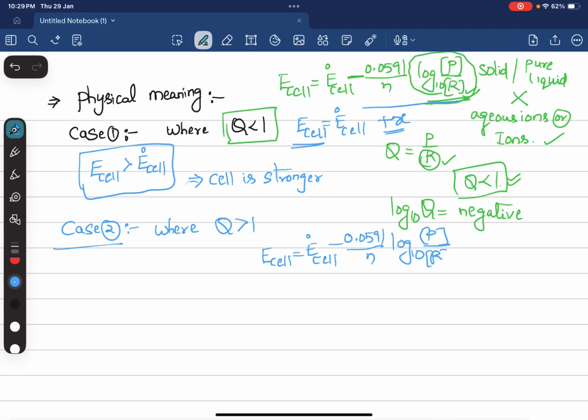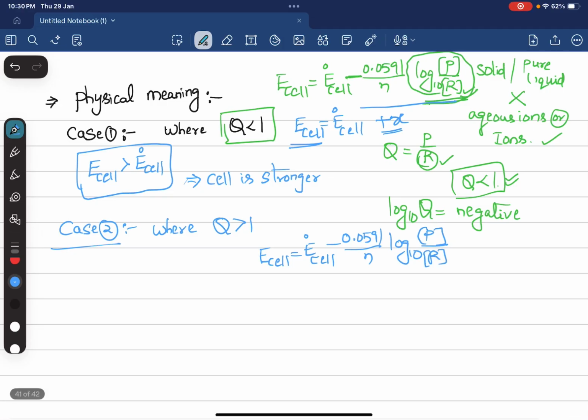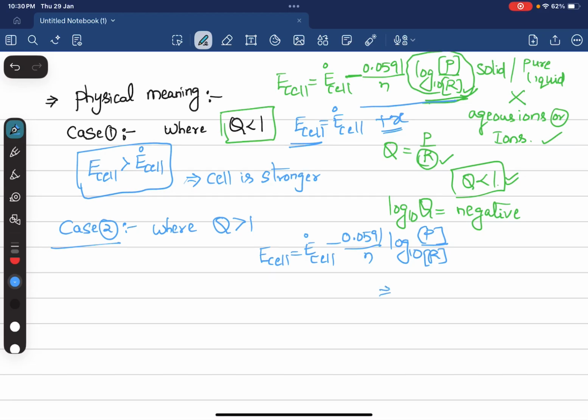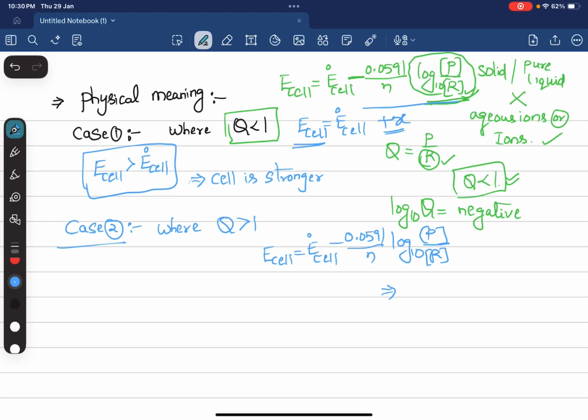So in this case, what is the condition? Q greater than 1 means products are greater than reactants. If products are greater than reactants, this whole term will be positive, which means with the minus sign this whole term will be negative.